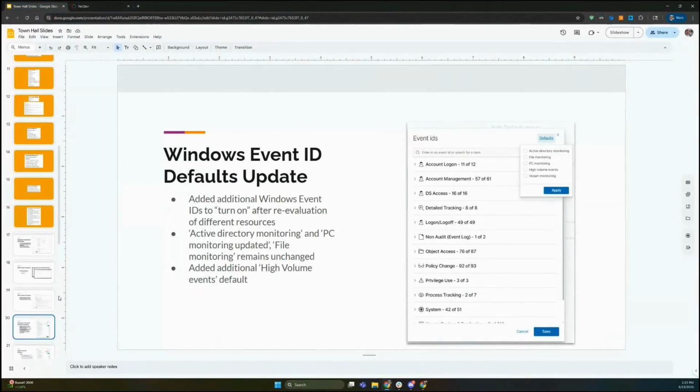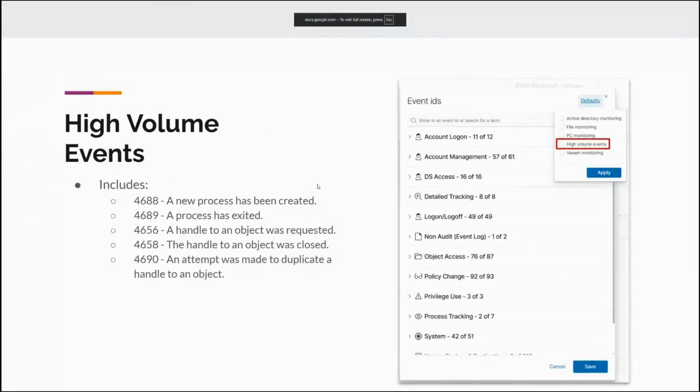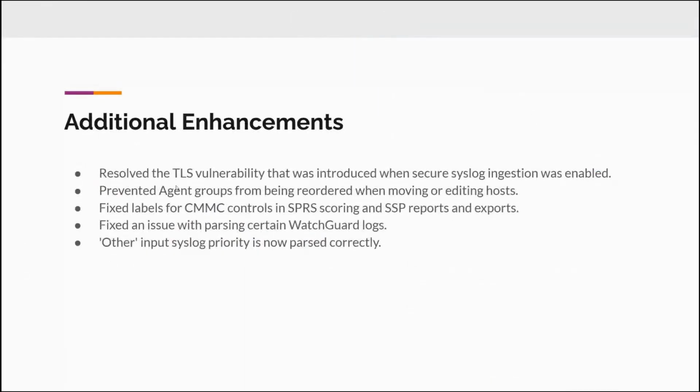And let's see, what else do we have here? So high volume events, just talked about that. Yeah. There were a couple fixes. One of them was a security fix. There was a low level TLS vulnerability when attached to our secure syslog. So if somebody was using secure syslog into NeQter, there was a low.